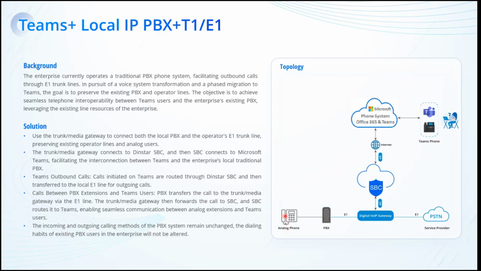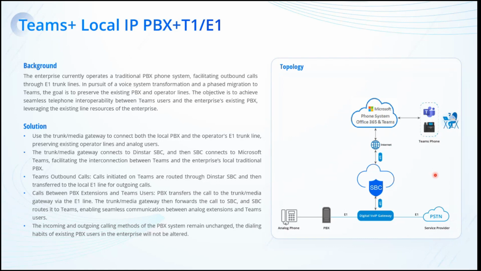If you implement it this way, your analog phone, your legacy system, maybe the analog FXS phone, even the SIP phone, can also make outgoing calls to E1, maybe call to PSTN, or you can go to the SBC and call your Teams phone system. It's quite flexible and a very new scenario to integrate your Microsoft Teams.